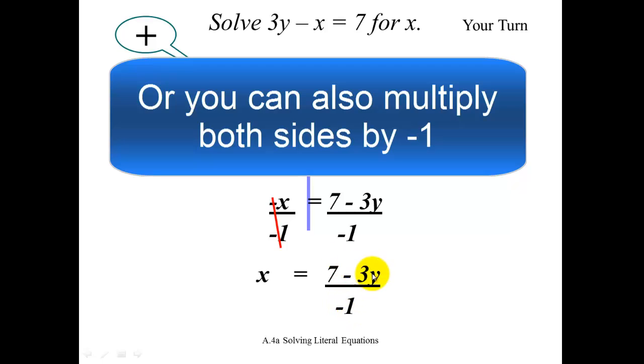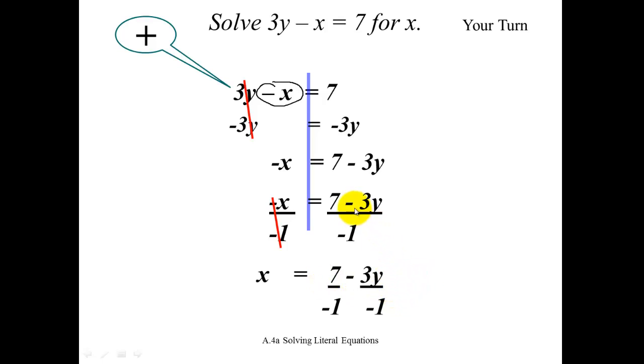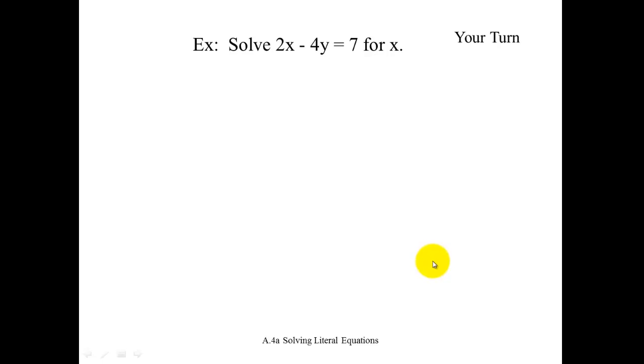What we need to do here is to separate our numerator. 7 over negative 1, negative 3y over negative 1. So 7 over negative 1 is equal to negative 7, and negative 3y over negative 1 is equal to positive 3y. And then we are going to write this as 3y minus 7. And this will be our answer. Again, pause the video and solve for this equation.